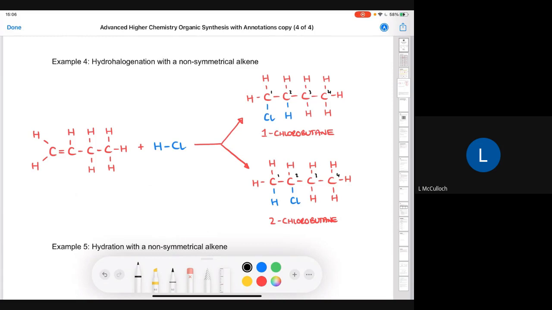So you would probably expect that you would get 50% of 1-chlorobutane and 50% of 2-chlorobutane. When in actual fact, that's not what happens. What we end up with is a major product that you get 75% of and a minor product that you get 25% of. So the minor product is the 1-chlorobutane.